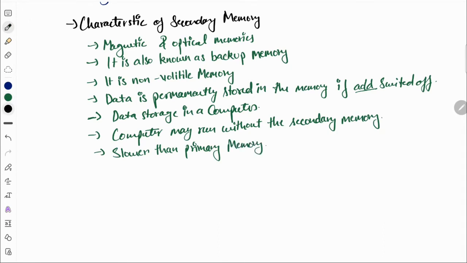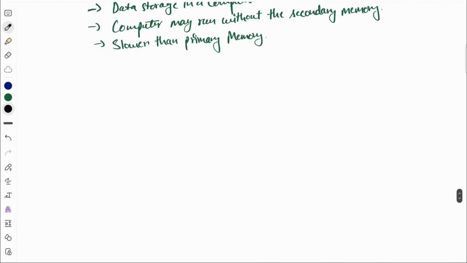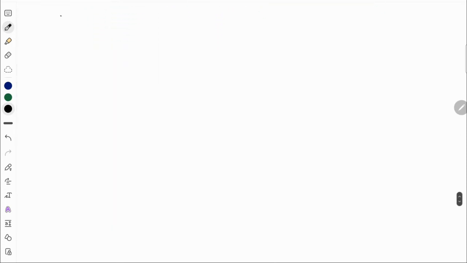Now let's talk about the next topic, that is RAM. I previously told the full form of RAM. RAM is random access memory.